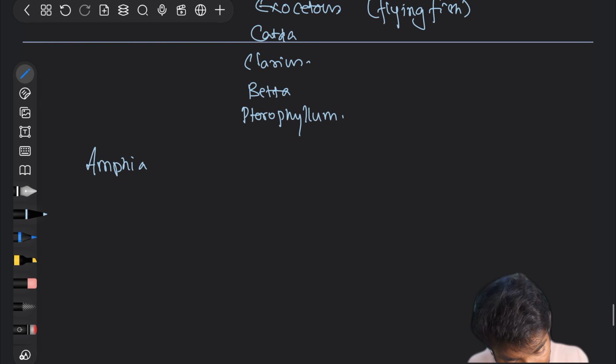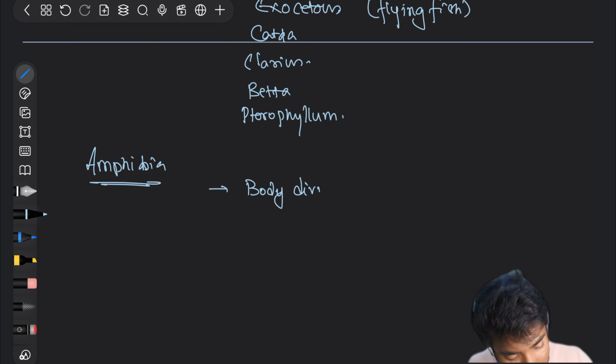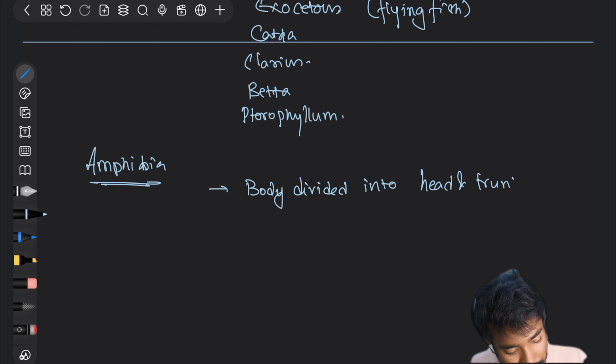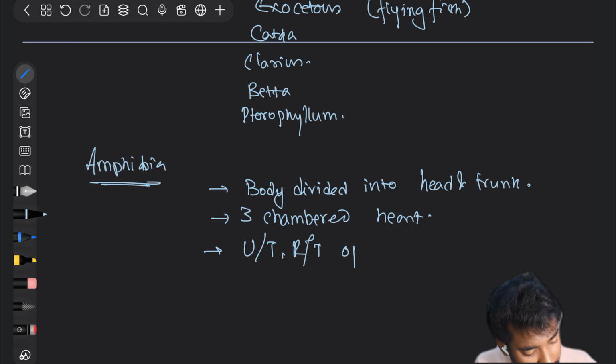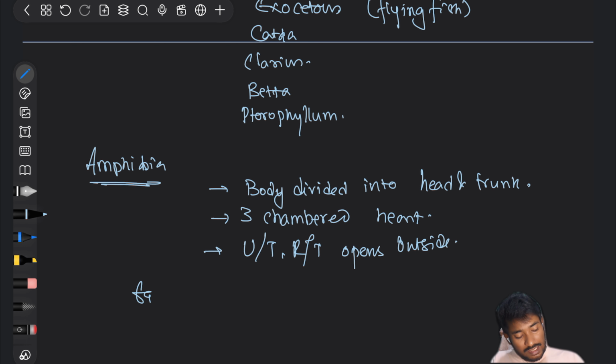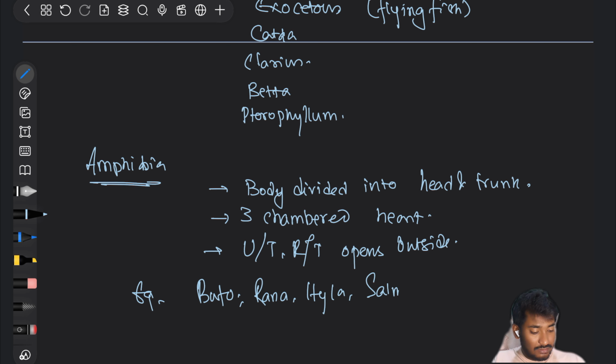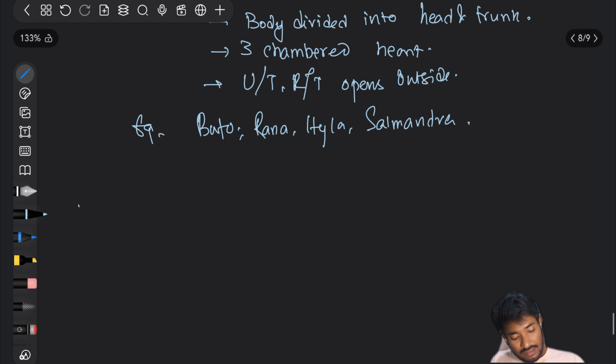Amphibia: body divided into head and trunk, three-chambered heart, urinary tract and respiratory tract open outside. Example: Bufo, Rana, Hyla, Salamandra, etc.